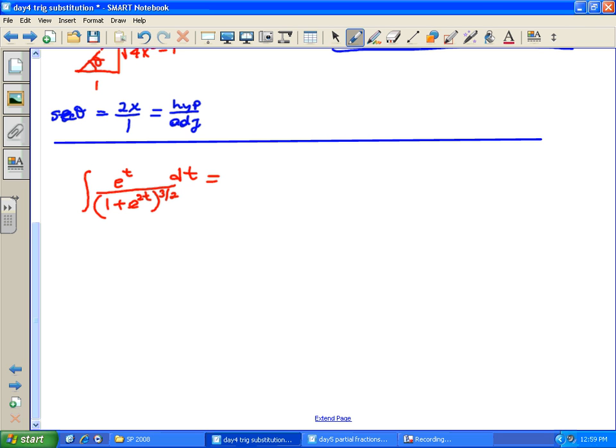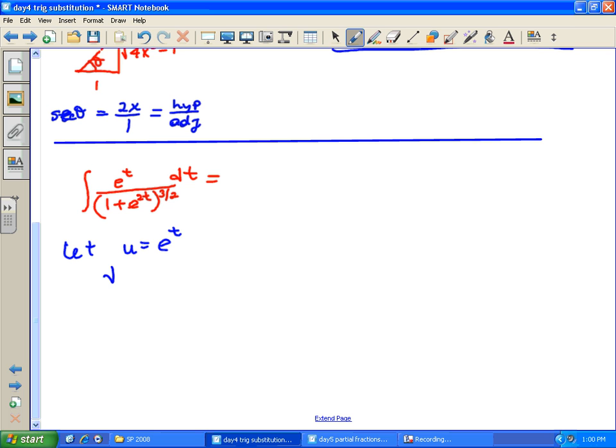It looks complicated, but with one simple substitution, you can make this question much easier. And I even gave you a hint on that group activity sheet. I said, let u be equal to, does anybody remember? Let u be equal to e to the t. Garrett, you're right, e to the t.